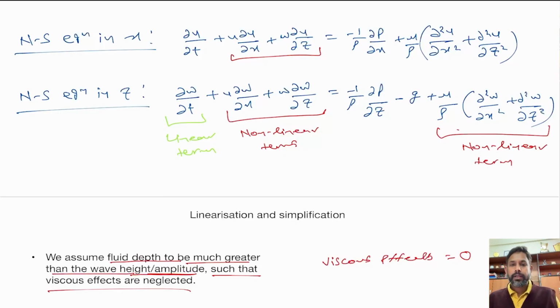And why is it called linear versus non-linear? Because you can see in these non-linear terms you have two forms of velocities, whereas in the previous case there is just a single derivative with a single velocity. Whereas in case of the viscous term we have a double derivative, so that also is a form of non-linear term.